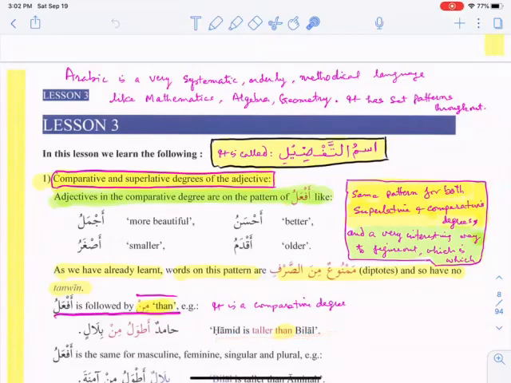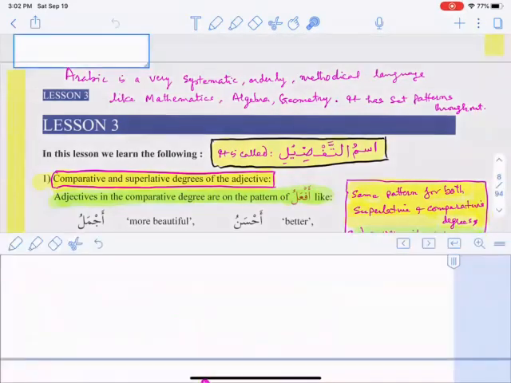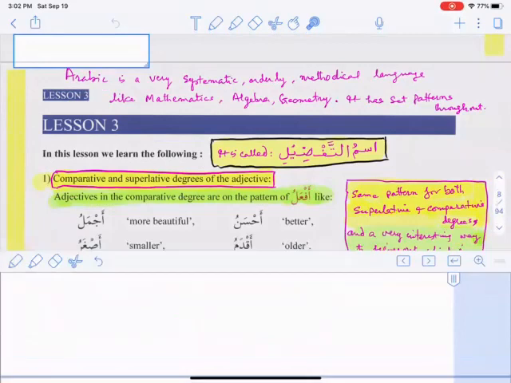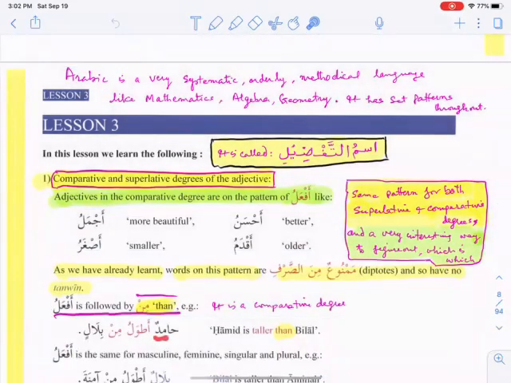Now I will start analyzing it in a simple way. Hamid, what is Hamid, my brothers? It came in the front, in the beginning. Hamid is Mubtada. Where is the khabar? Atwalu. Hamid is tall.